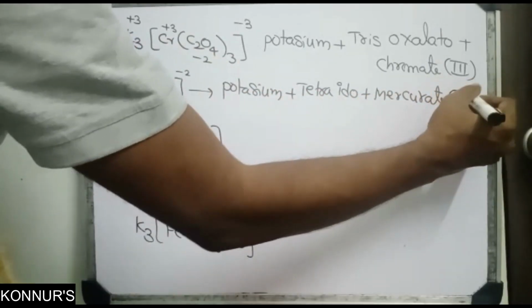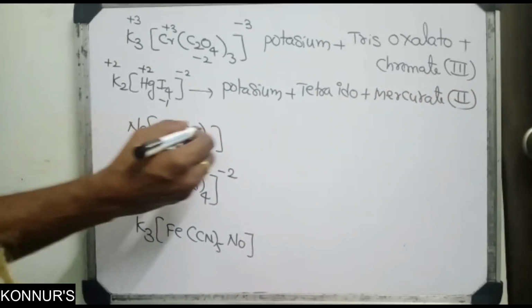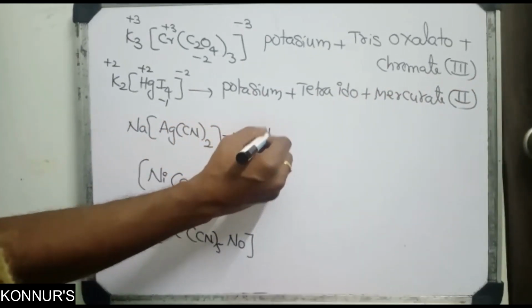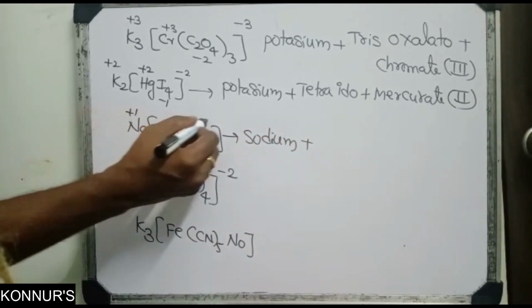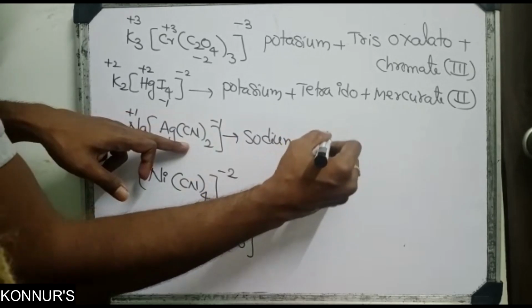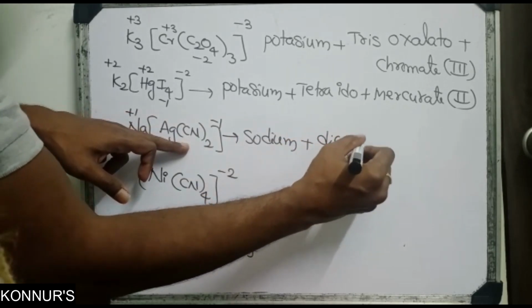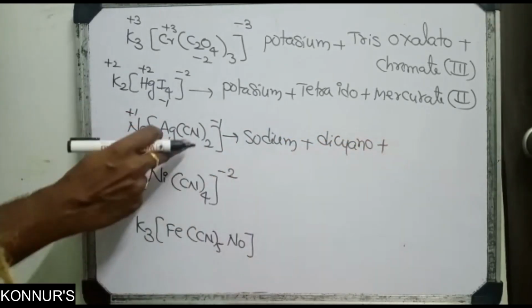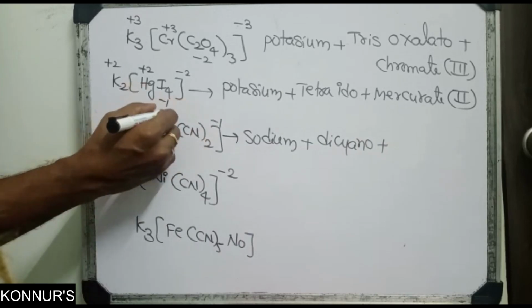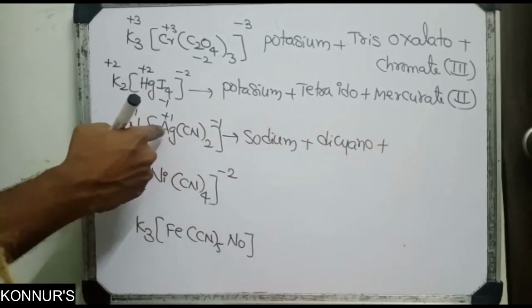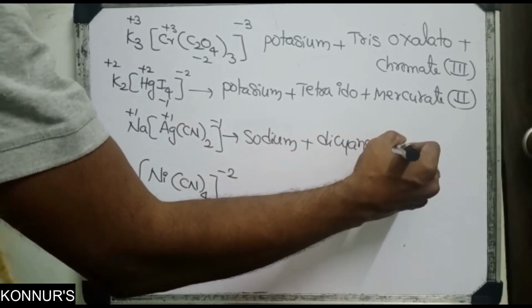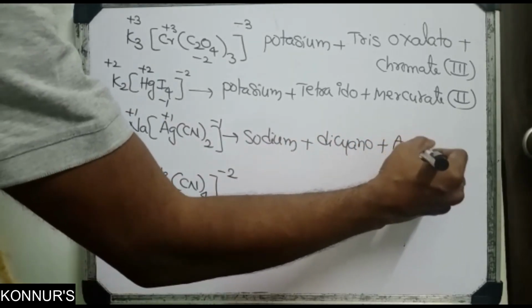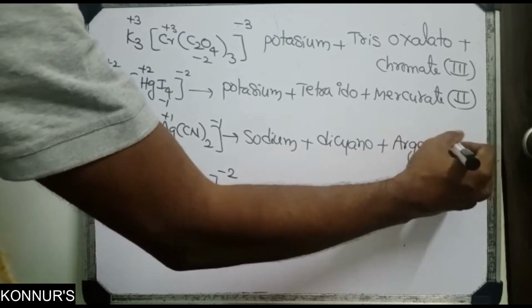So mercurate(II). Next, this one, sodium, plus 1 minus 1. So dicyano, plus 2 negatives, top 1. So that is plus 1. So that is negative charge. So that is silverate or argentate(I).